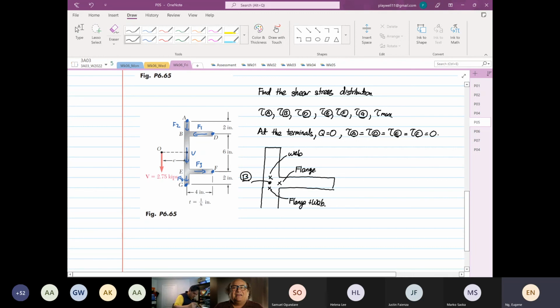If we want to calculate the shear stress at point B, just at the flange, the Q_B at flange is equal to width is 4, the depth is 1/8, the distance is 3. So 4 multiplied by 1/8 multiplied by 3 is equal to 3/2.